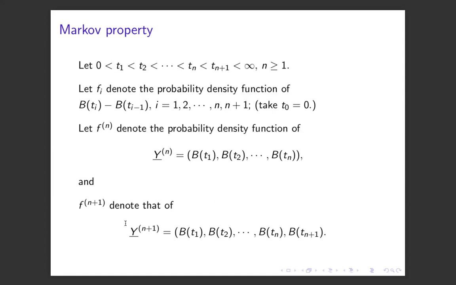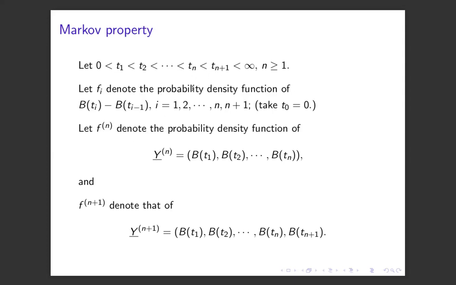So what we are going to look at is the conditional density function of Y^(n+1) given Y^n equal to something. That is why we took n+1 time points to start with.